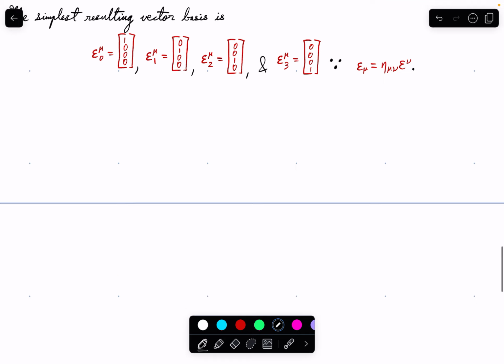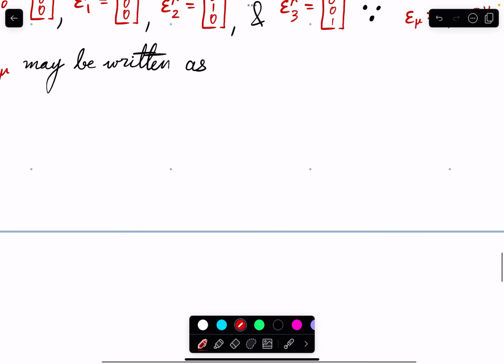So any vector A mu may be written in this basis.